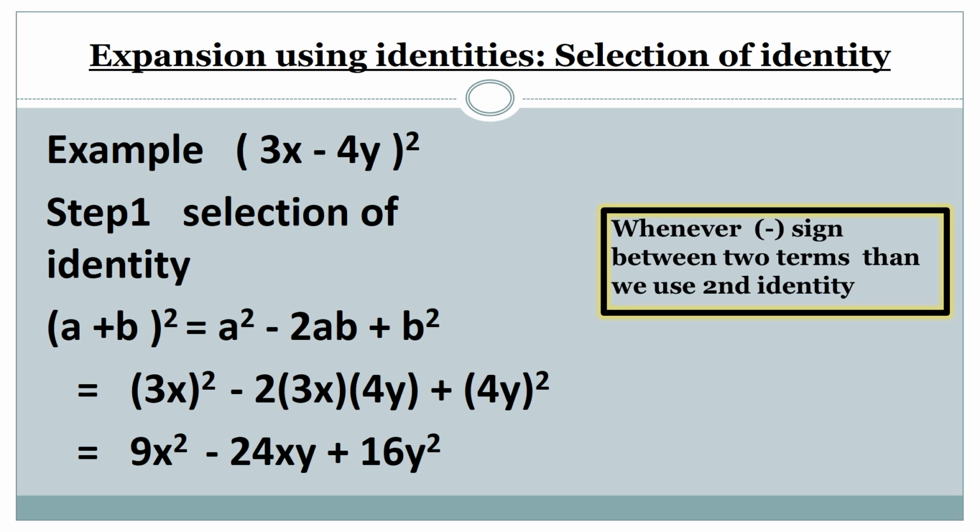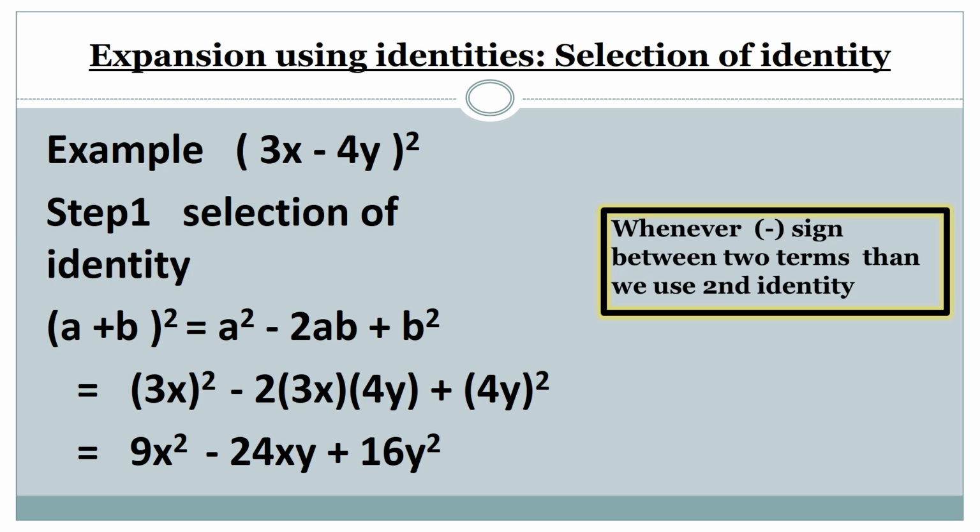Now my next question is similar to the last question. The only difference is the sign. In the last question, it was (3x plus 4y) whole square, but now in this question, it is (3x minus 4y) whole square. Students, when there is a difference of sign, your selection of identity will change. If there is a plus sign, you select the first identity, but if there is a minus sign between two expressions, you take the second identity.